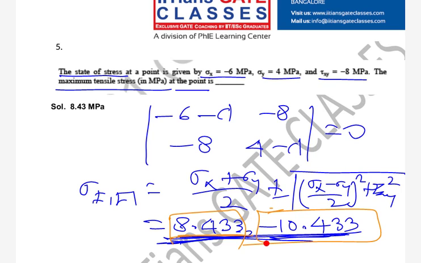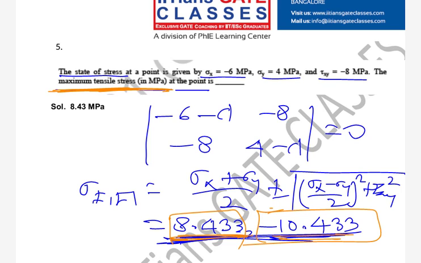Okay, so your answer should be this, but in the question they asked what? Maximum tensile stress. So maximum tensile stress is this, 8.433, because they asked tensile. Tensile means positive.